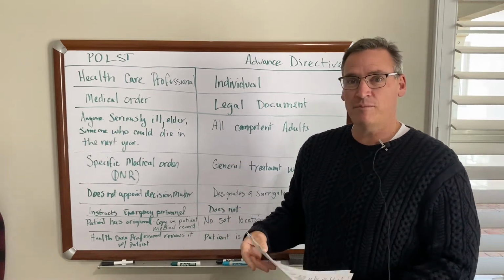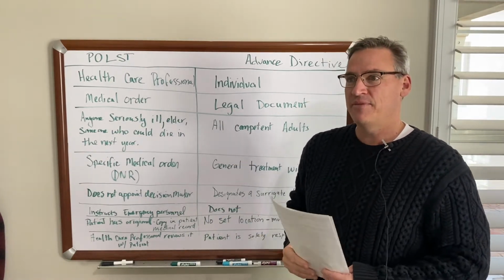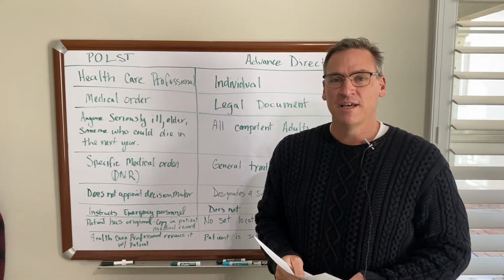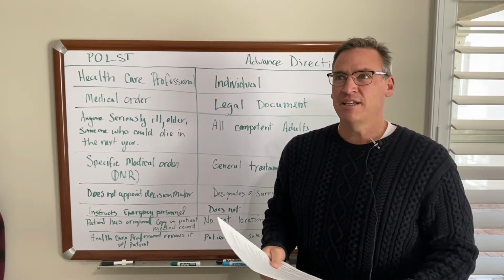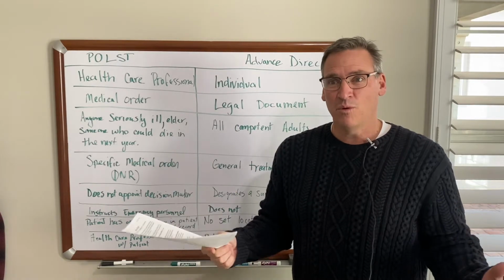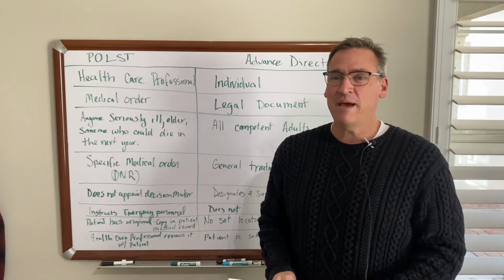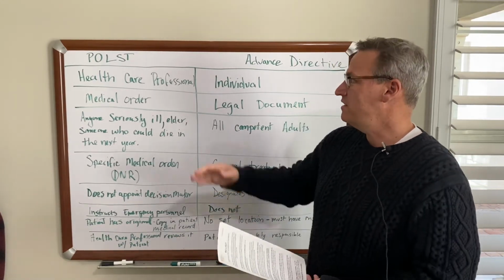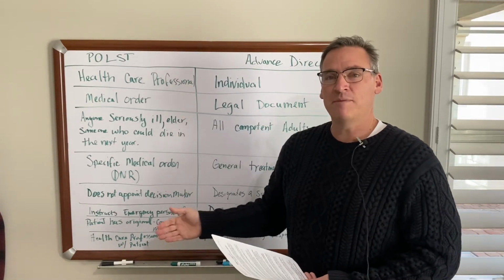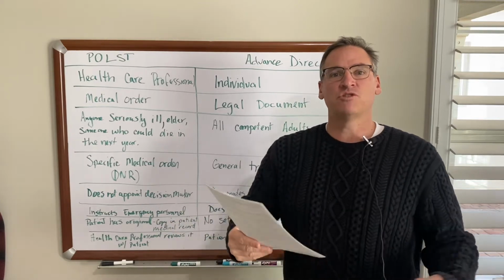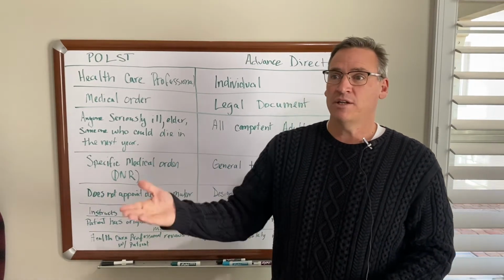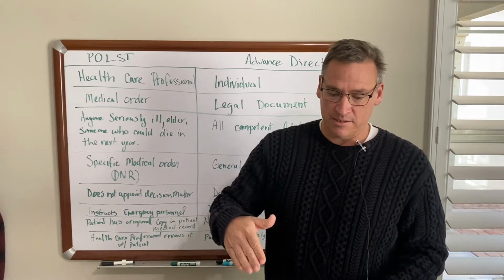But essentially, a POLST is physician's orders. So this is driven by a doctor that has had a conversation with maybe an aging loved one of yours, that it is feasible or understandable that they could pass in the next year or two. Okay, so this is a voluntary form that people can fill out that instructs emergency staff that they either want treatment to be done or not to be done.